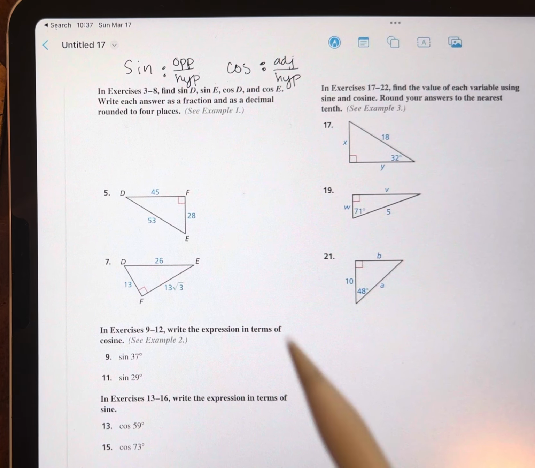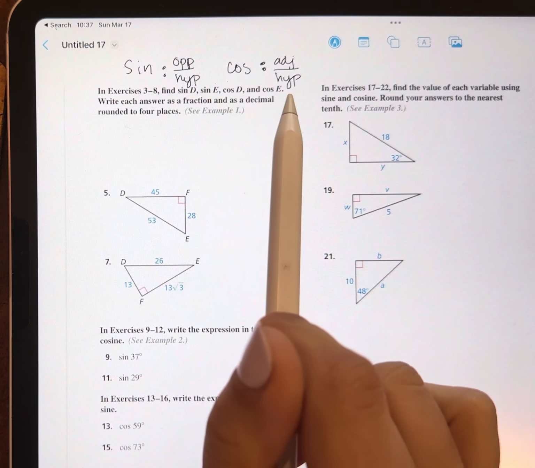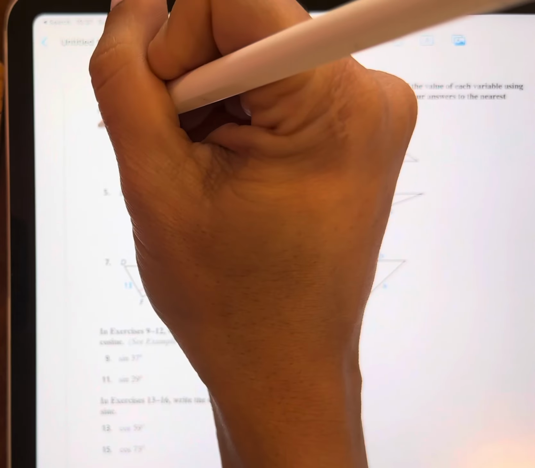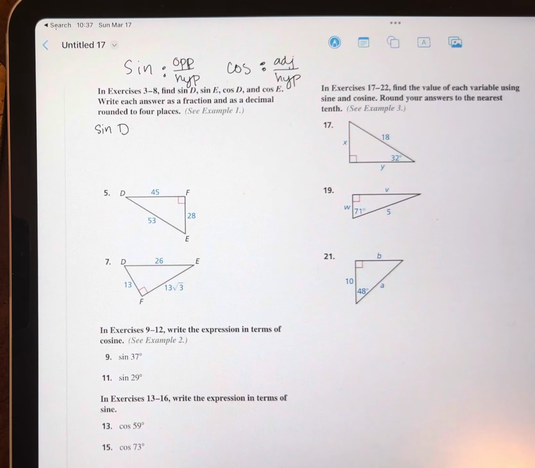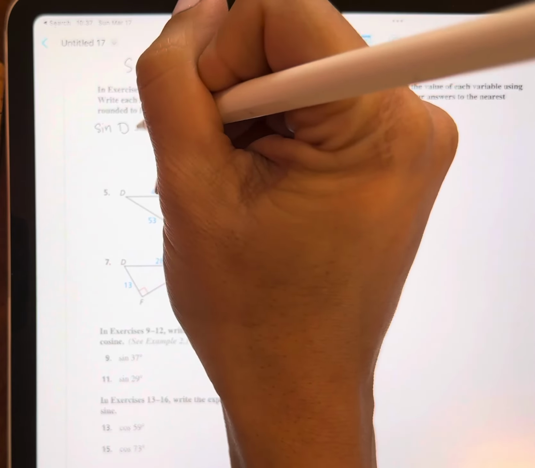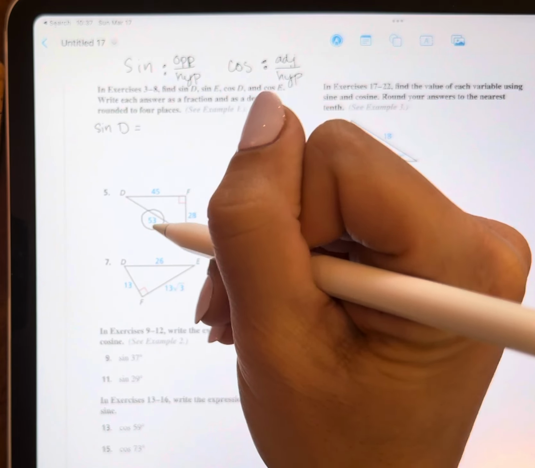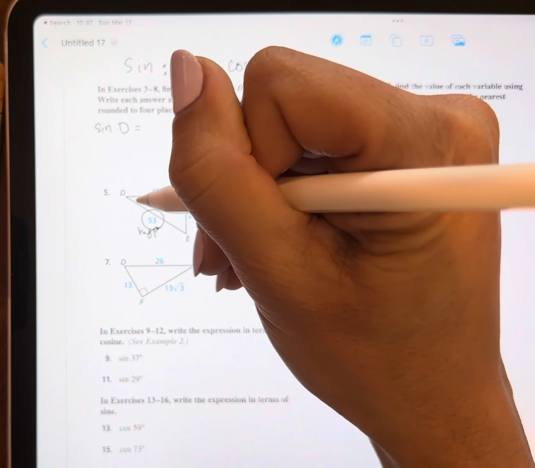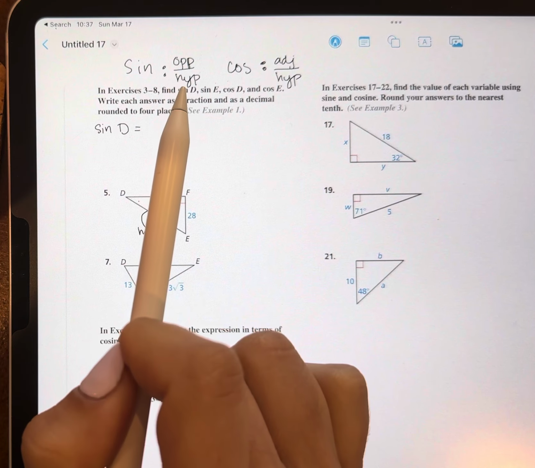So here we go. In number 5, find sine of D, sine of E, cosine of D, cosine of E. Write each one as a decimal and a fraction. So let's start with sine of D. Over here on number 5, I'm going to identify the hypotenuse. If I'm at D, for sine, I need opposite over hypotenuse.